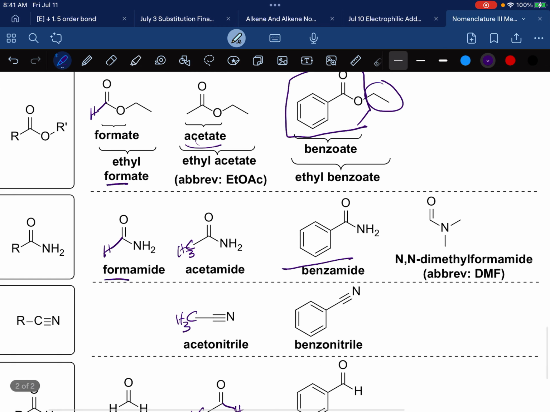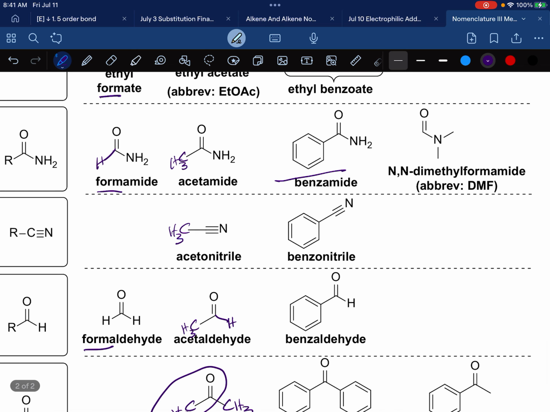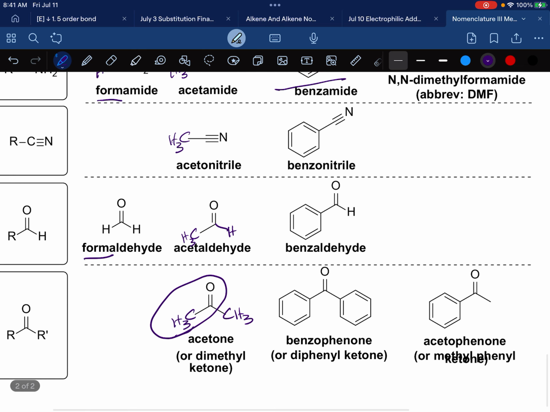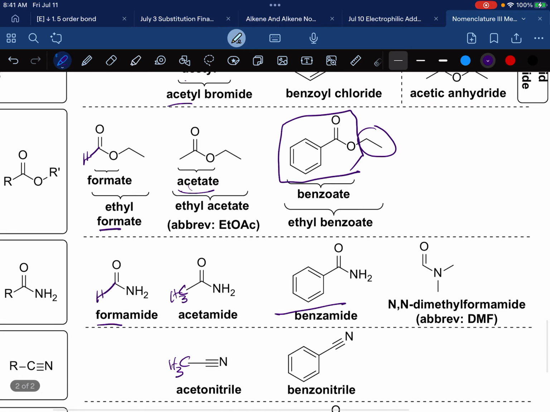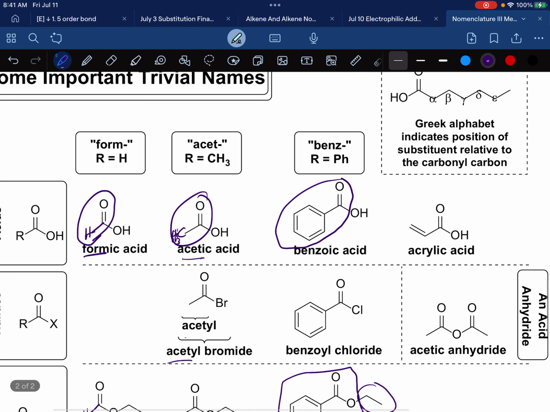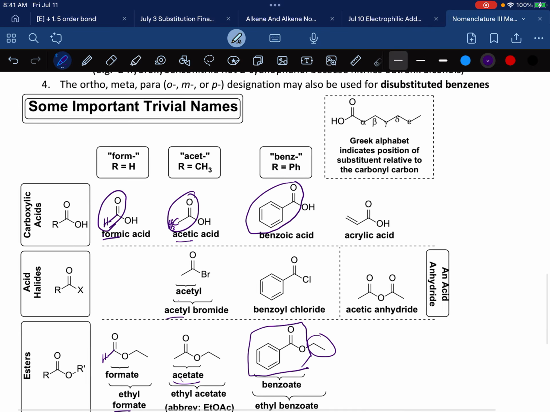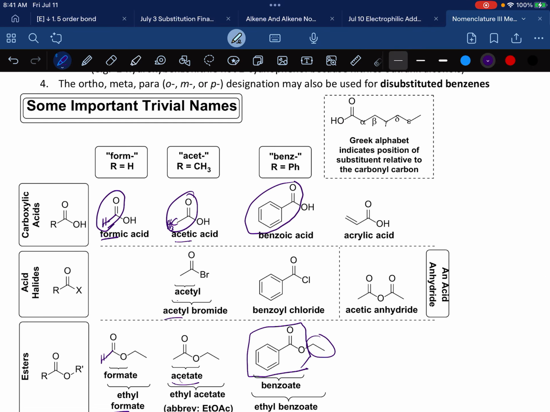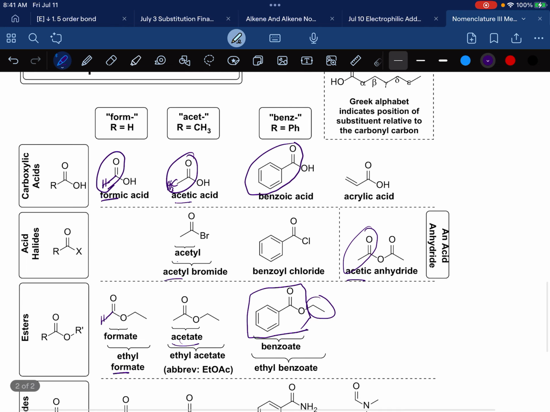Benzamide, benzonitrile, benzaldehyde, and benzophenone. And then the last over here, there's not really a category for these, but acrylic. This is acrylic acid. Acetic anhydride. So again, this has that acetyl group. That's where the acetic comes from.